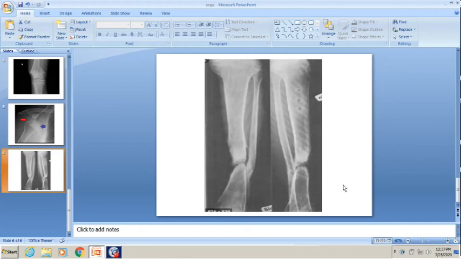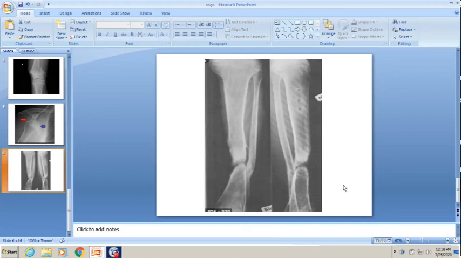So what is the clinical feature of a non-union? Tenderness. Abnormal gait. Gait? Why?